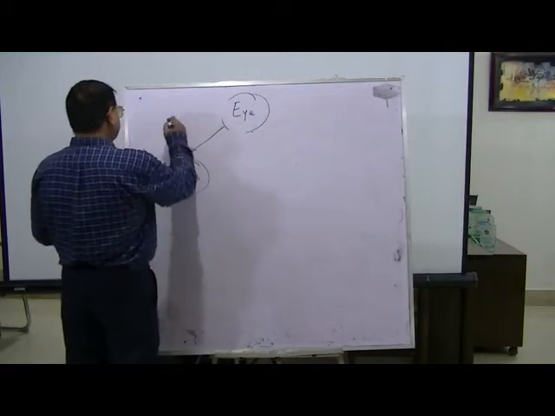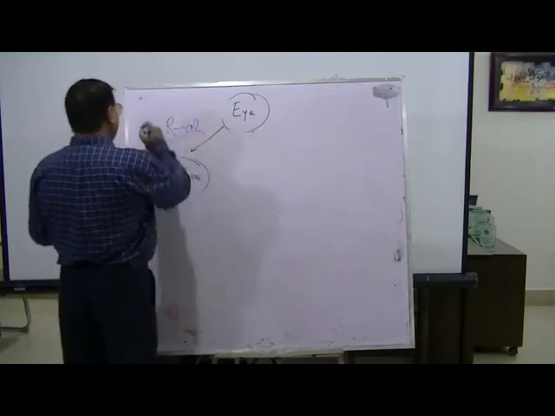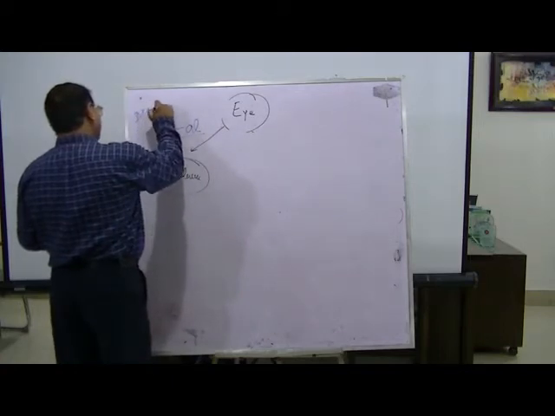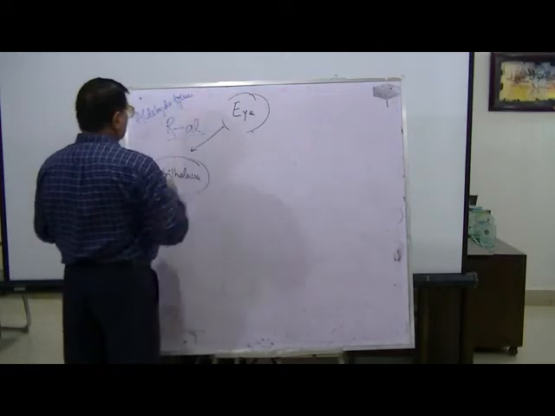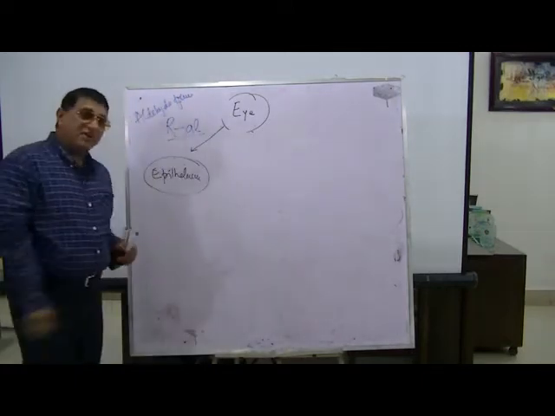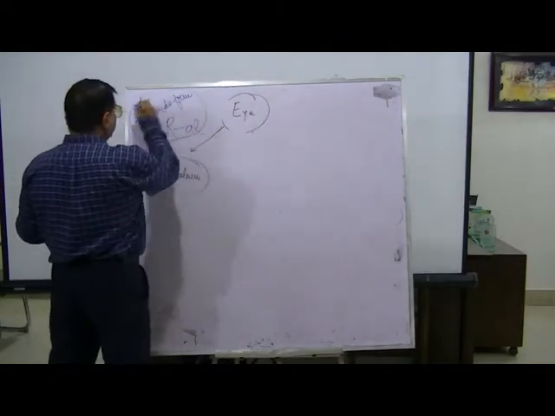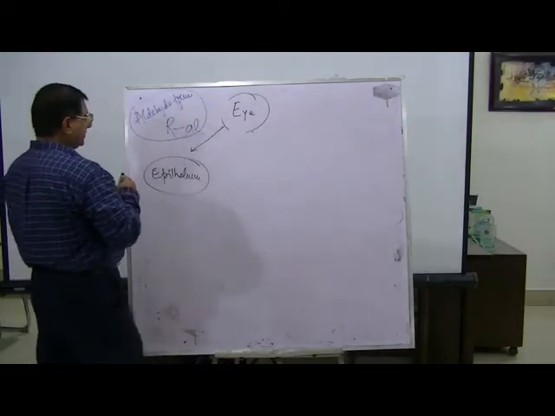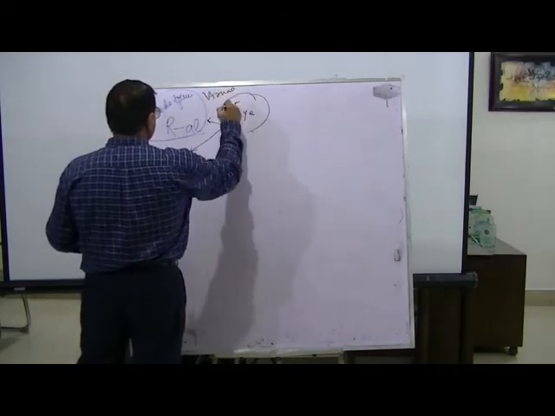So the component is retinal. That is the aldehyde form. But that was involved with the visual cycle. This one is involved with the visual cycle.